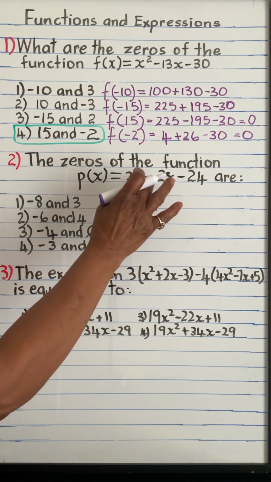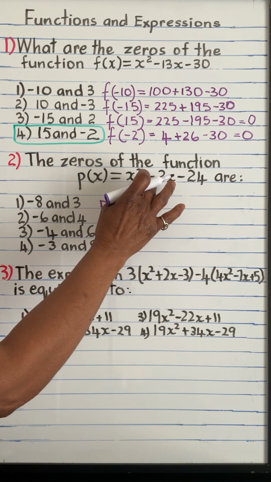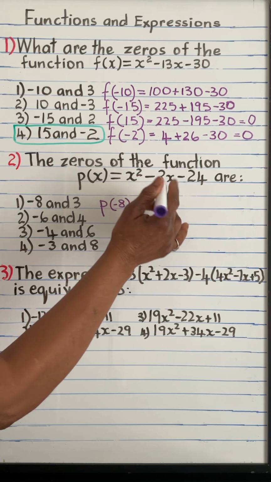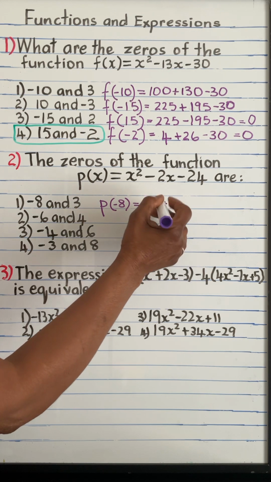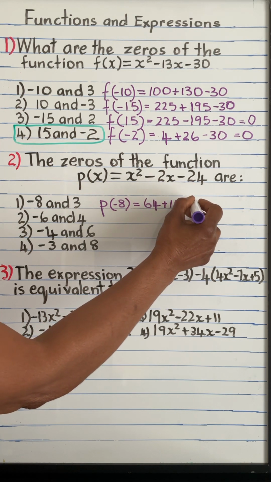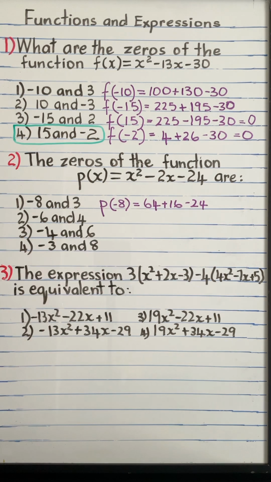Negative 8 times negative 2, positive 16, and we have minus 24. And that is certainly not equal to 0 when simplified. So let's move on to this one.